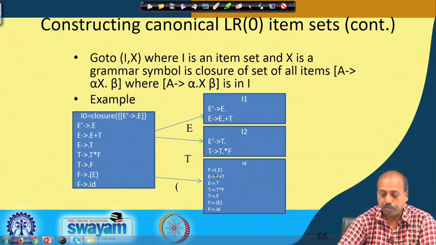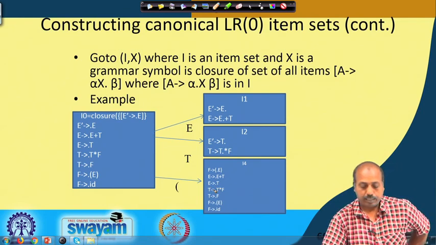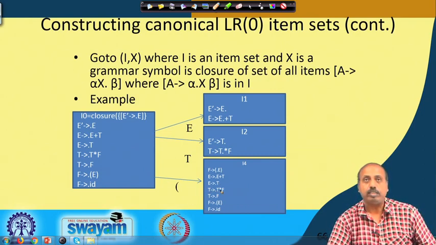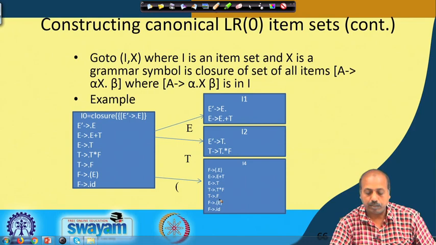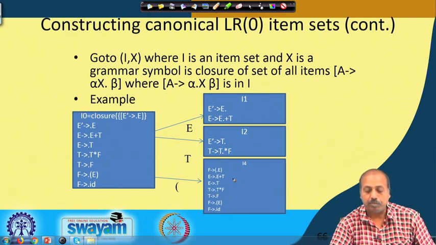As you know, the grammar had the production rule E producing E plus T, which has a dot before E. So, I have to add E producing . E plus T in the closure set, then E producing . T in this set, and as soon as E producing . T is there, T producing . T star F will be there, T producing . F will be there, F producing . within bracket E will be there, and F producing . ID will be there. This way you can construct the set I4.